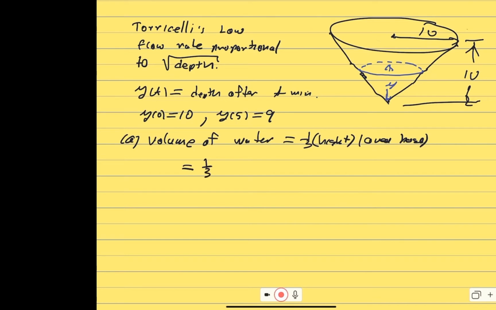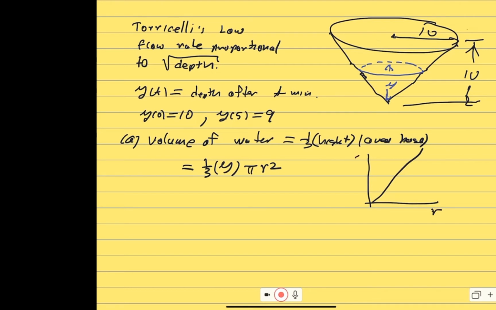This time we're using y to be the height, and what's maybe slightly trickier is to figure out the area of the base. Well, that's going to be pi r squared. Well, how are y and r related? Well, it's a straight line relation.